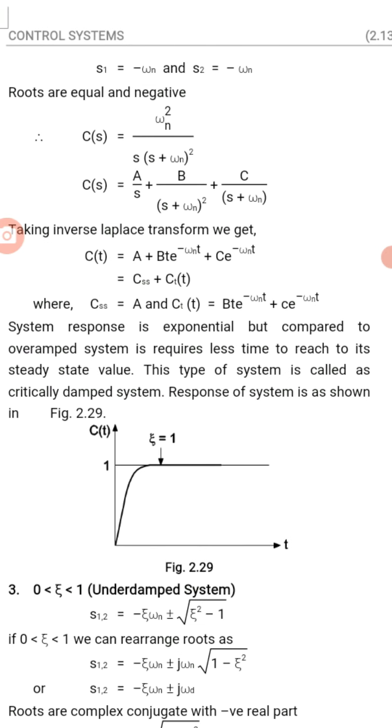This is critical, meaning it is a boundary level. On one side, if the damping ratio is more, it will be overdamped, or it will not charge immediately. And if we go beyond, below this critically damped, it will be of oscillating nature.